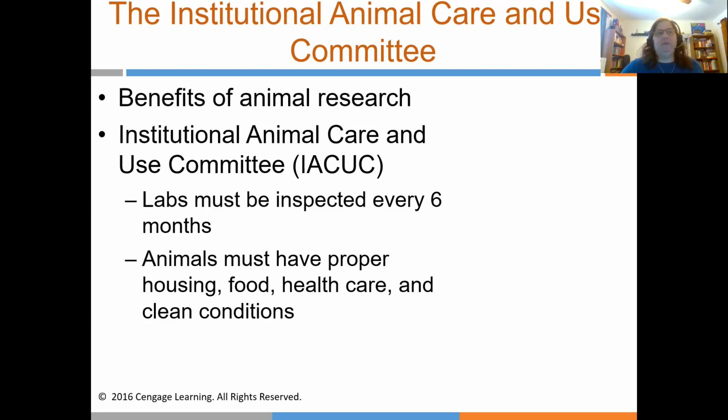So they insist that labs are inspected every 6 months. Animals must have proper housing, food, healthcare, and clean conditions. So remember, groups like IACUC will deal with animal welfare, not animal rights.